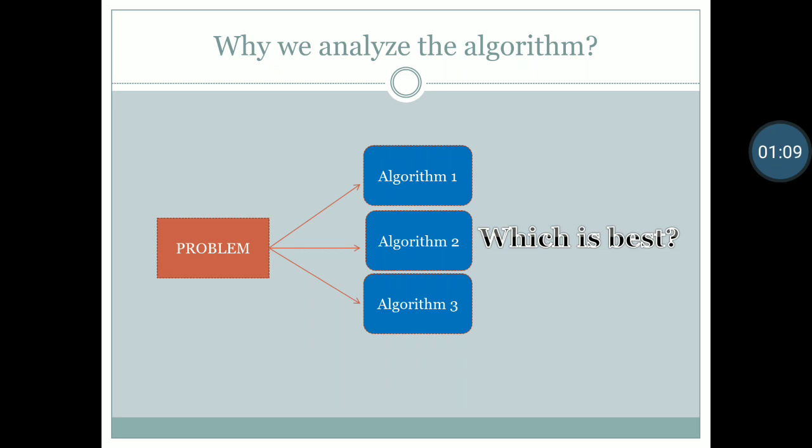But our main confusion is that out of these three algorithms, which algorithm is the best? For that, we have to take some specifications, some performance measures, and based on that, we can conclude which of these three algorithms is the best.